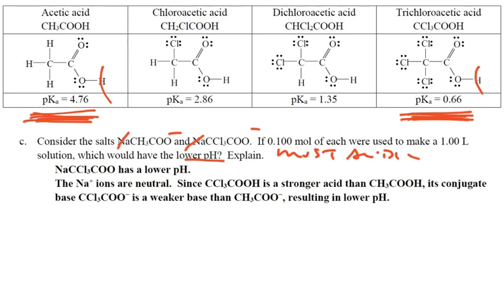This is a weaker acid, so it will have the stronger conjugate base. So this guy here is going to be the weaker of those two bases, so that's going to have the lower pH. And why? Because this is a stronger acid, and so it's going to have the weaker conjugate base. And that is the answer. And that's everything.